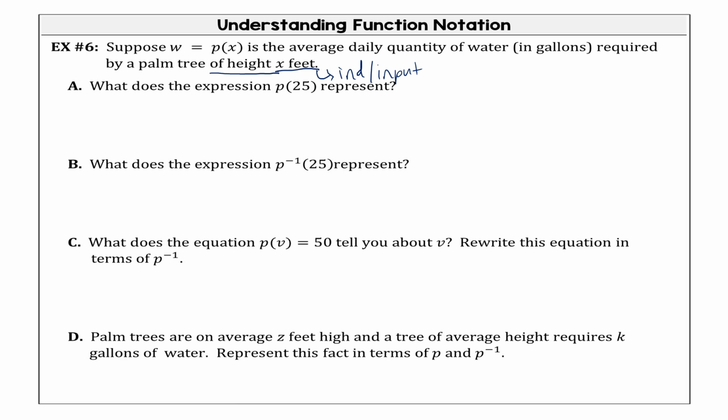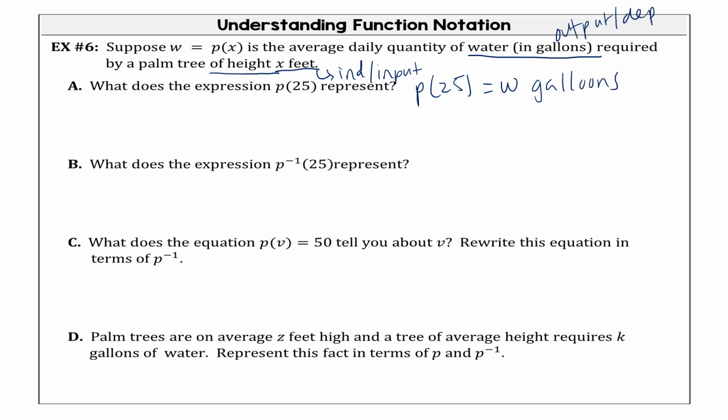And then my output is going to be P of X, and what that stands for is the quantity of water. So water in gallons required for the palm tree is the output, my dependent. The problem asks, what does the expression P of 25 mean? If I have P of 25, it equals some W amount of gallons of water.